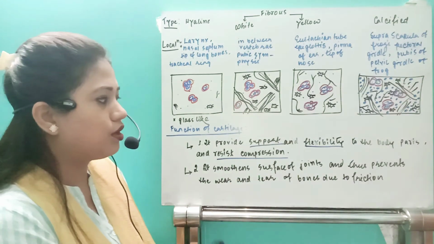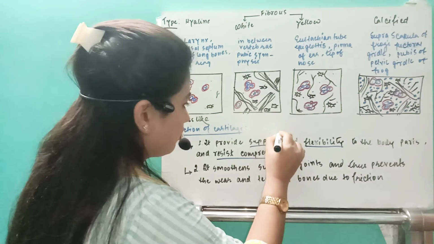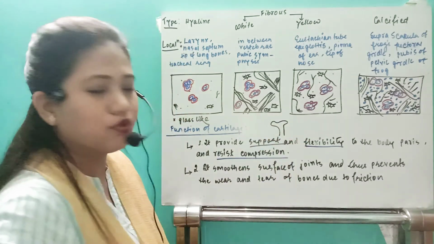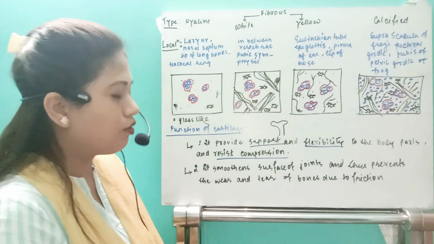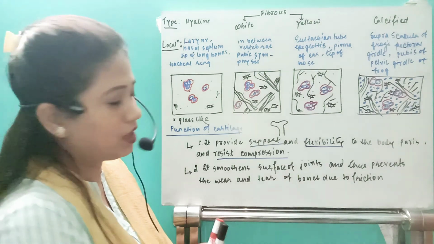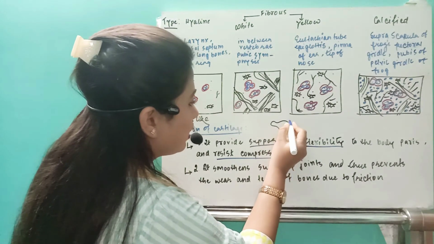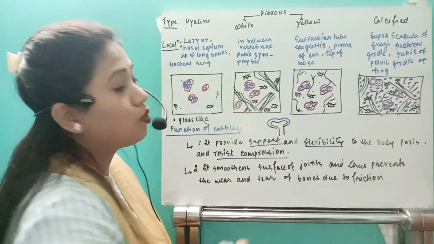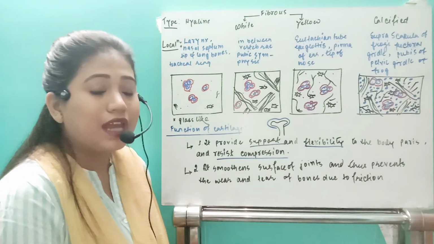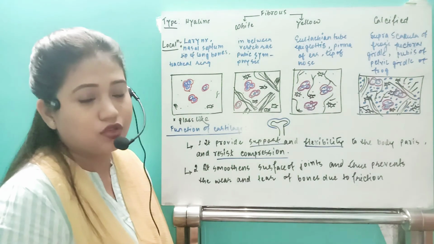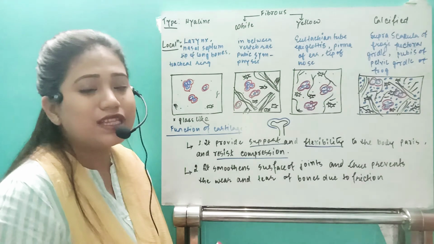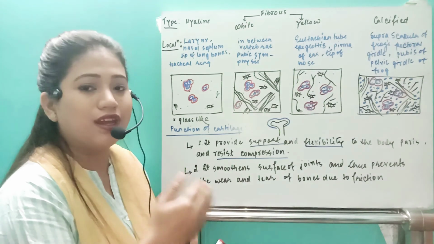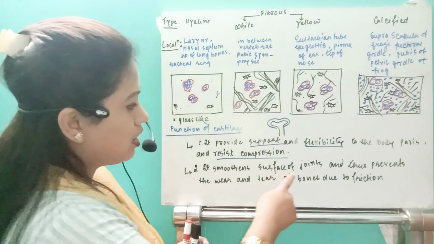Next one, it smoothens the surface of the joints. I will draw here a bone head. Okay, so this is the bone head. Suppose above that we are going to have a cartilage, right? That cartilage will be present so that the bone head can become a smooth structure, allowing less friction with the bone when it makes the joint, right?